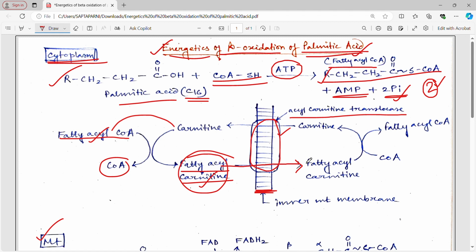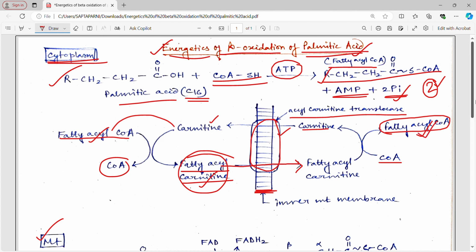Okay. Now here the fatty acyl carnitine again reacts with mitochondrial coenzyme A and gets back into its previous form, that is the fatty acyl CoA. Okay, and the carnitine is released, which goes back to the intermembranous space. So now this fatty acyl CoA is inside mitochondria.